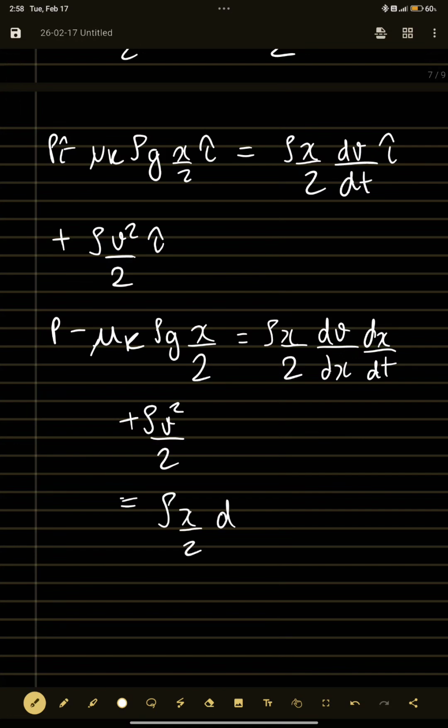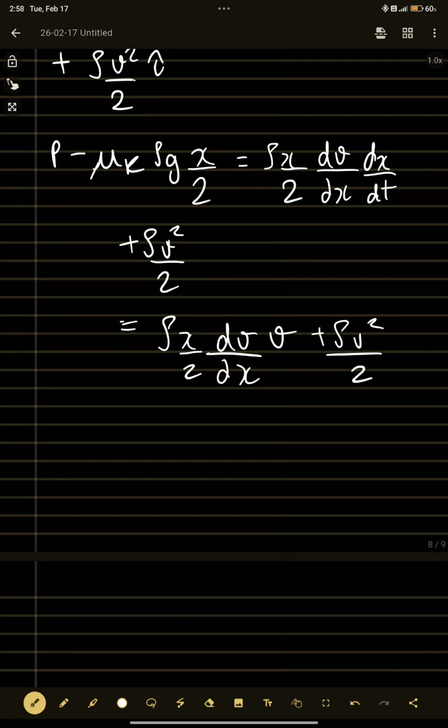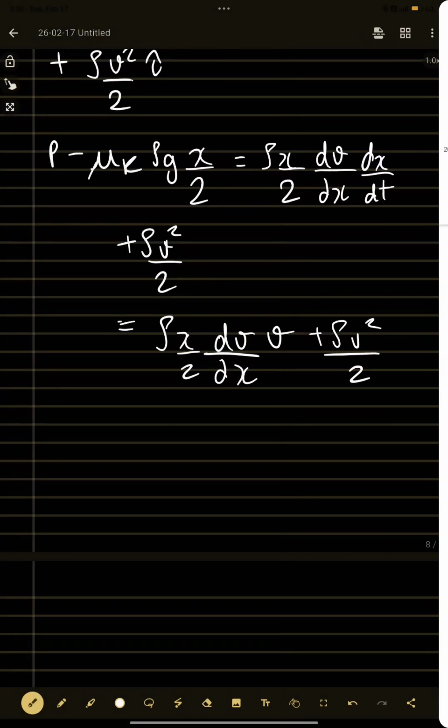Now you divide this side and this side by rho x. So if you divide this by rho x, you will get P by rho x minus mu g by 2, equals v dv/dx by 2 plus v square by 2x.